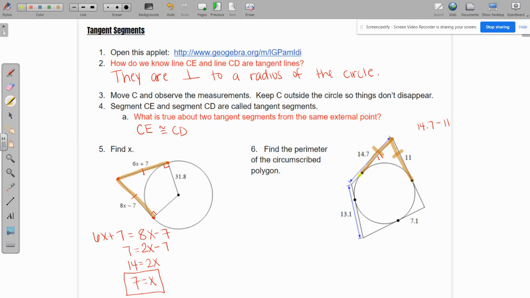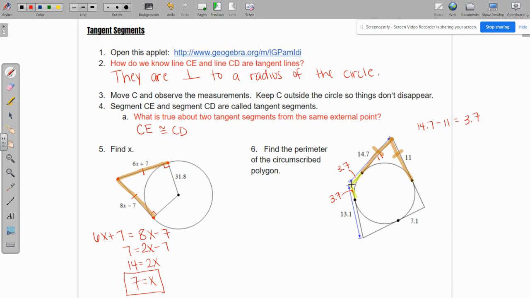Let's do yellow here. And therefore what this piece is, since those two are congruent. So 14.7 minus 11 is 3.7. So this little yellow segment here is 3.7, and therefore so is this one, because those are congruent since those are two tangents that share the same external point.